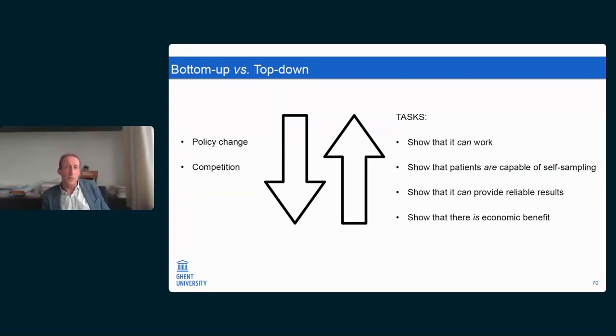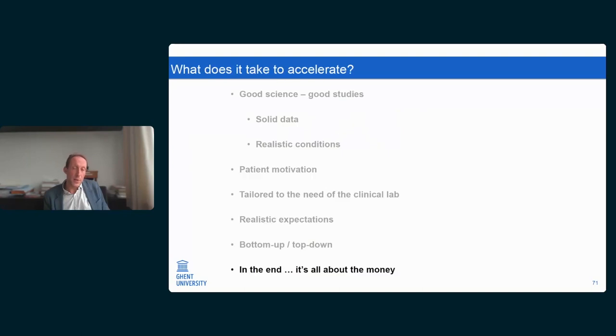We should also show that patients are capable of self-sampling, show that it can provide reliable results, and also, importantly, show that there are economic benefits, because that's also very important. The economic benefits that may lie in the approach of microsampling.